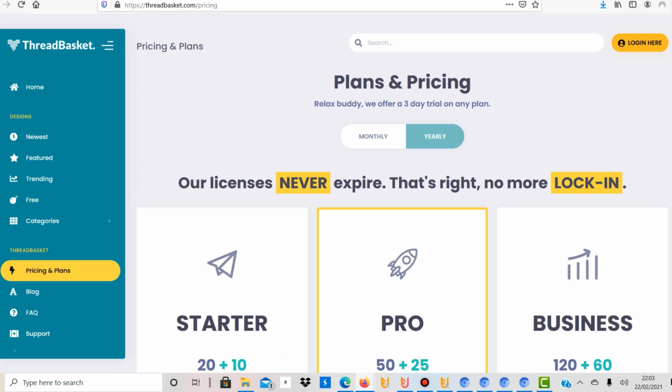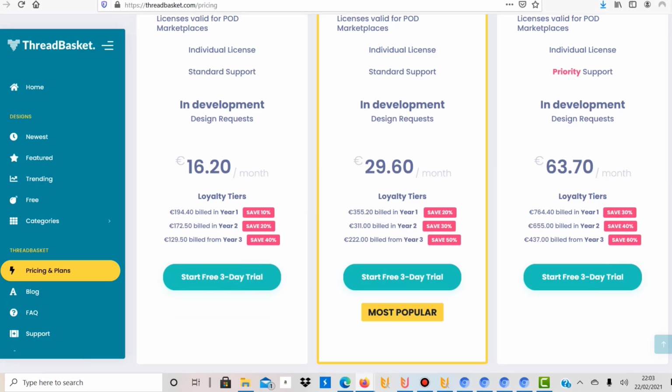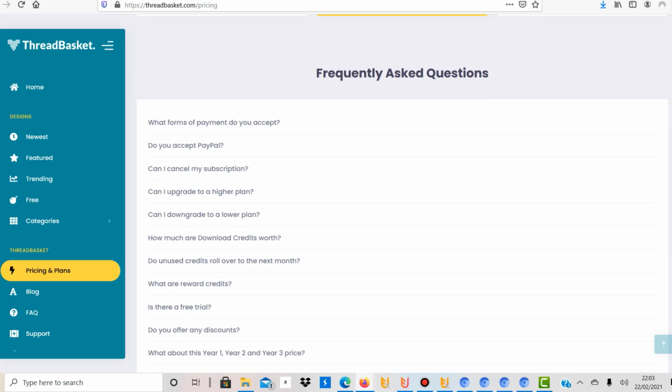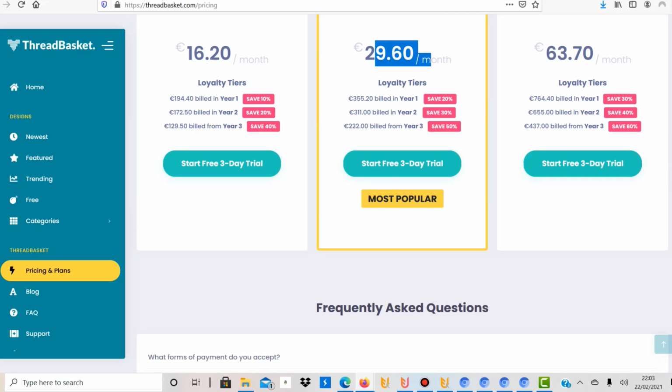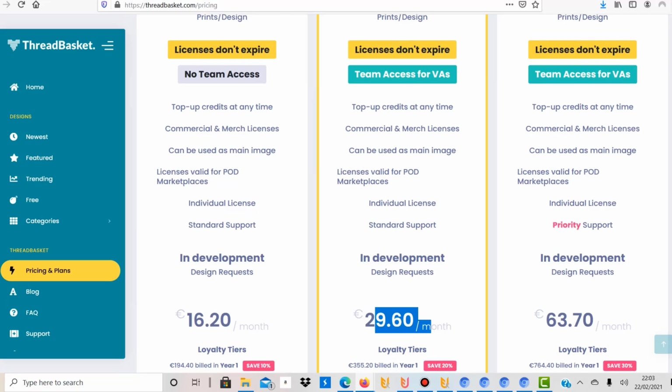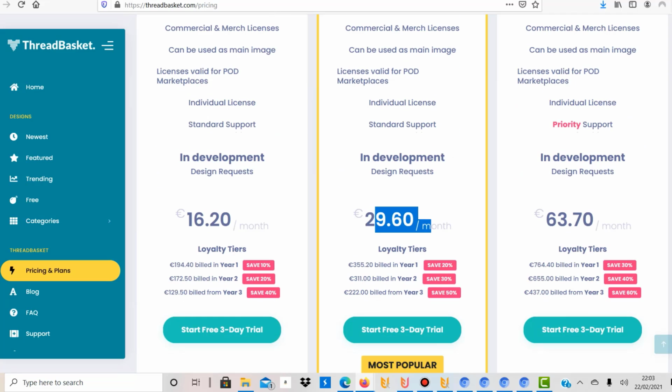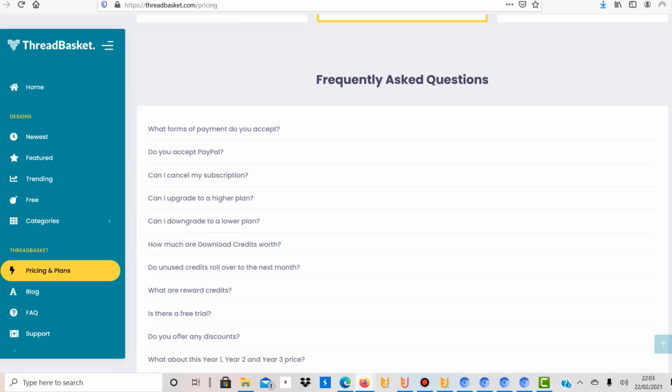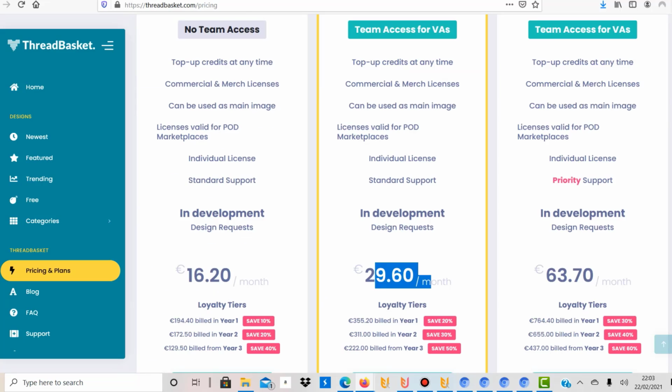I'm in the 3-day trial period, but I will not continue my trial, especially because it's not only the 29.60 here, it's 29.60 plus VAT, and they don't really tell you that on this page. I think VAT is different for every country, so they don't tell you, but I was a bit surprised when I then saw plus 20% for the UK in VAT. So I didn't really like that.